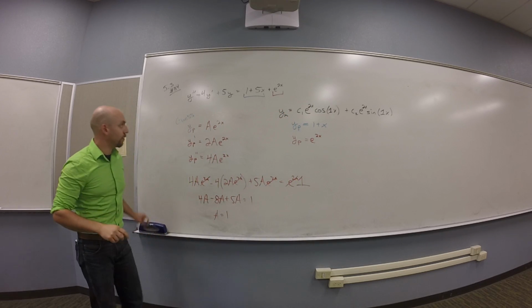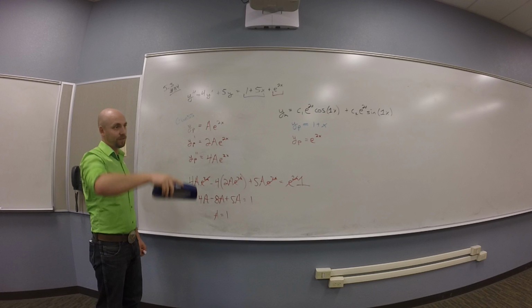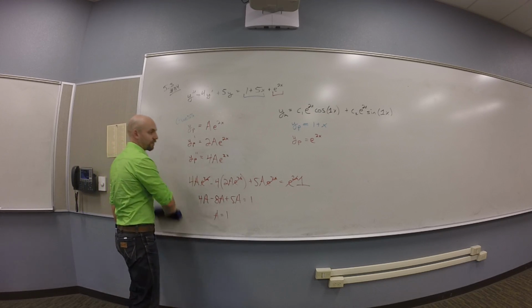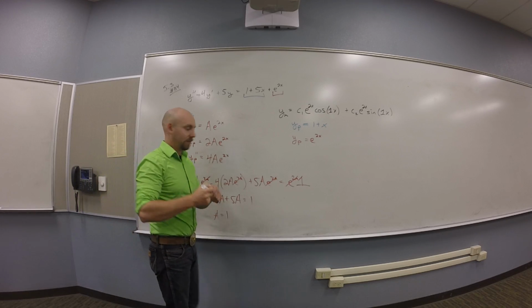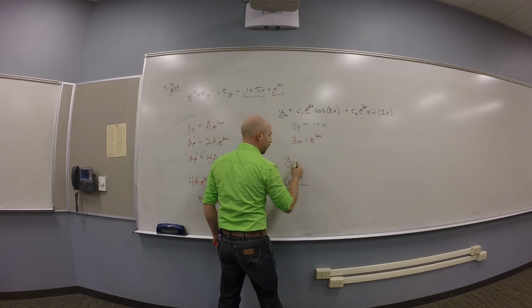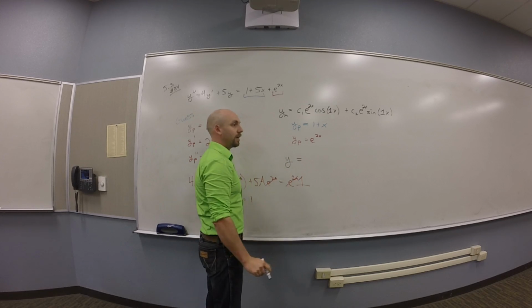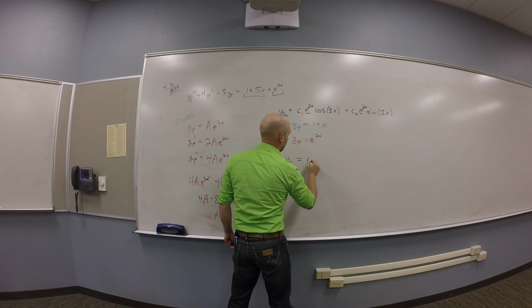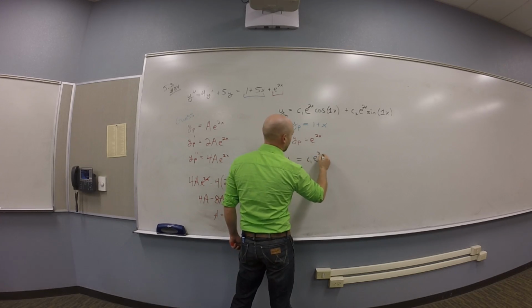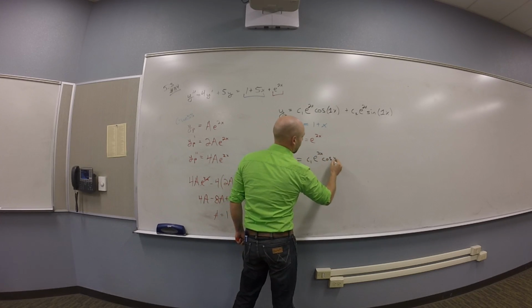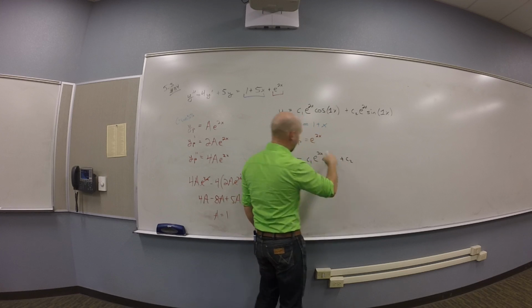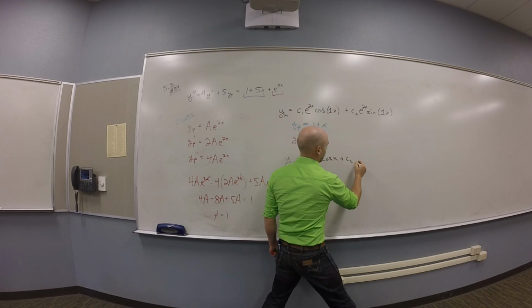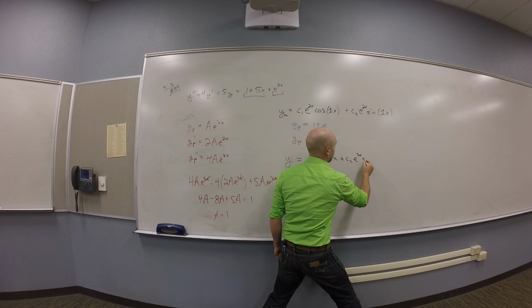Okay, and then I'm using the superposition principle to add all this stuff together and say that my general solution, so my solution y, right, is the homogeneous part. So that one's got the c's in it. So I got c1 e to the 2x cosine of x, and then c2 e to the 2x sine of x.